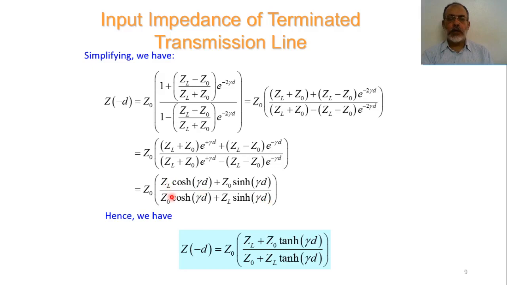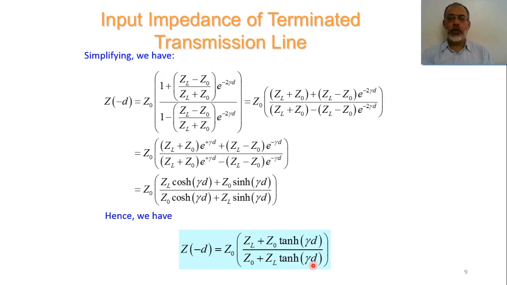We can divide both the numerator and the denominator by cosine gamma d. So it would be Z load plus Z naught tan gamma d over Z naught plus Z load tan gamma d. So the input impedance at a distance d from the load would be Z naught multiplied by Z load plus Z naught tan gamma d over Z naught plus Z load tan gamma d.